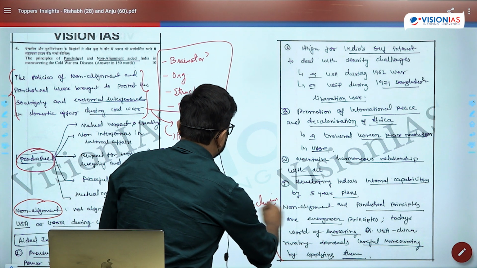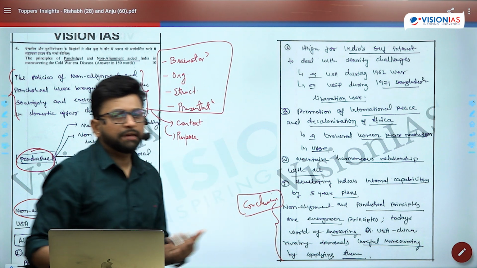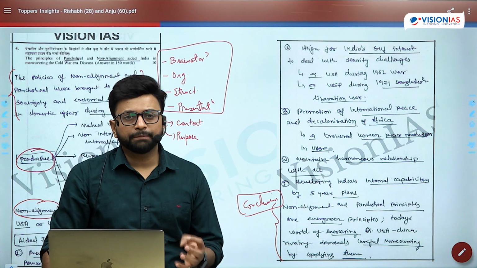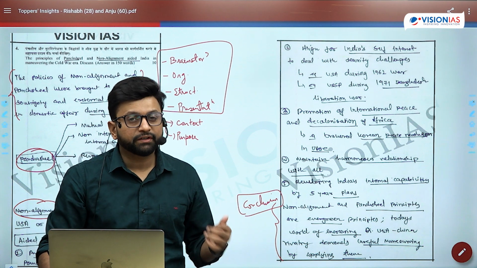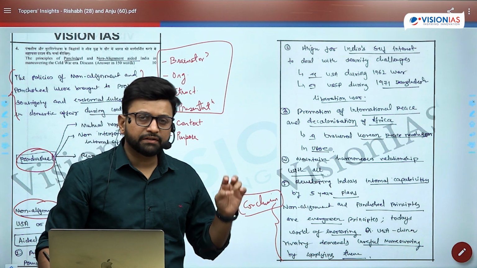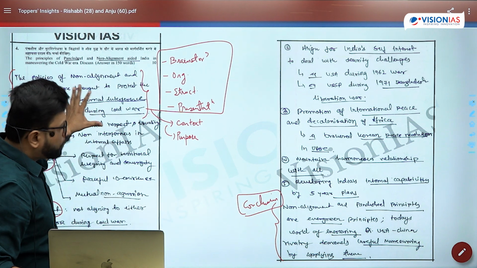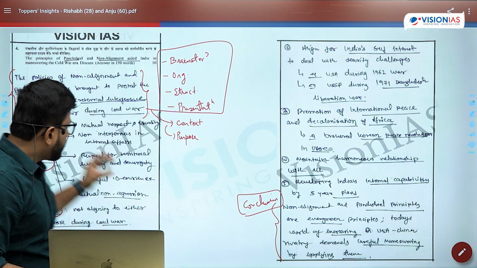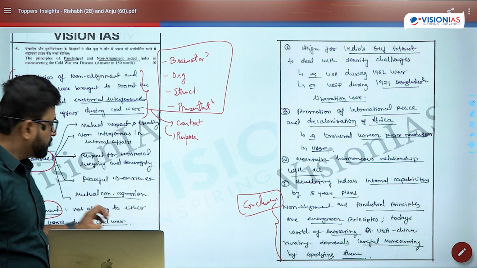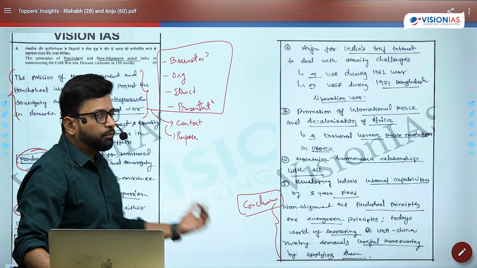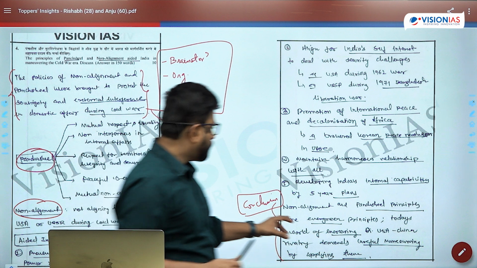So this is what would have come into his mind before even attempting the question. First he will talk about the relevance. What exactly is the relevance here of Panchsheel and non-alignment? Then what exactly is the meaning of these two terms? Then how did they help in the Cold War? And finally, what was it all about?